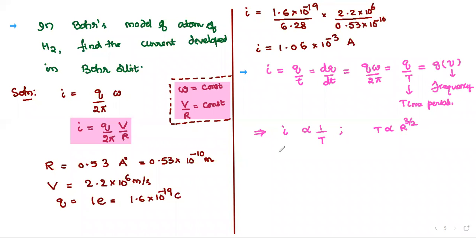And the radius of orbit, in your chemistry, is 0.53 angstrom into n square by Z. Remember this formula?